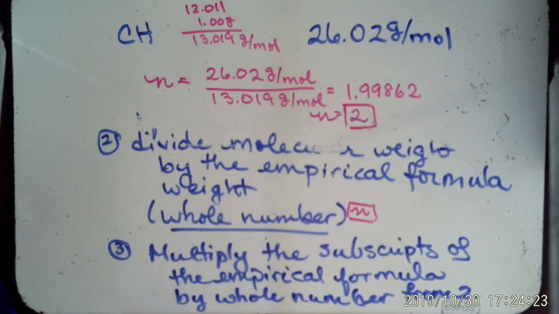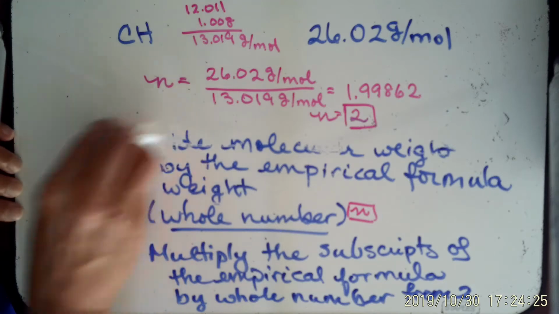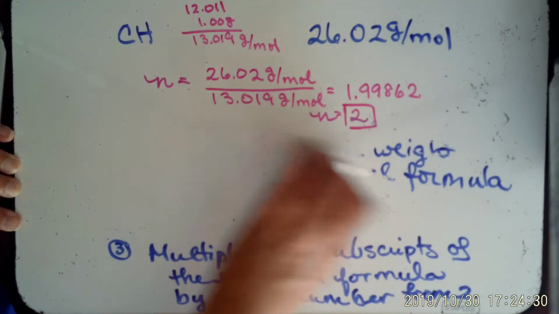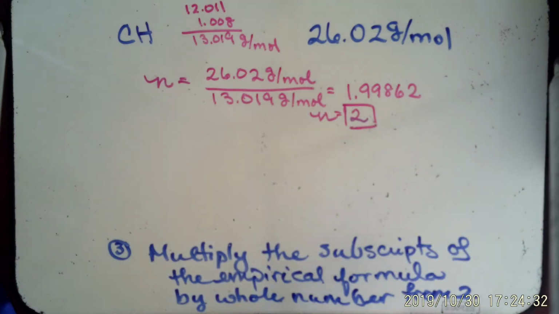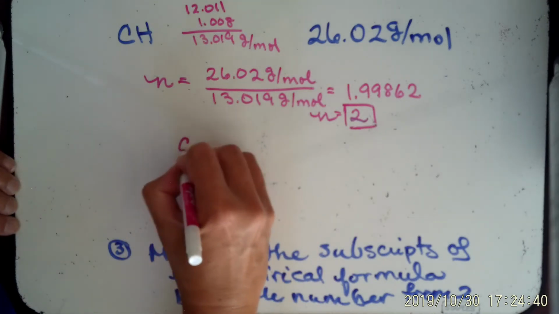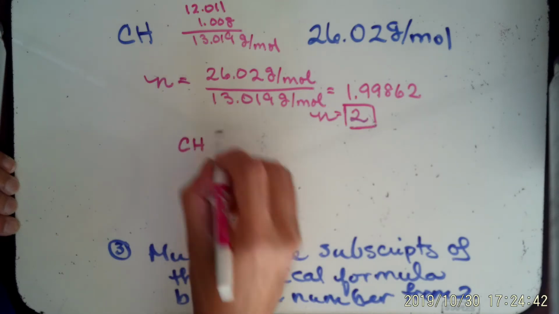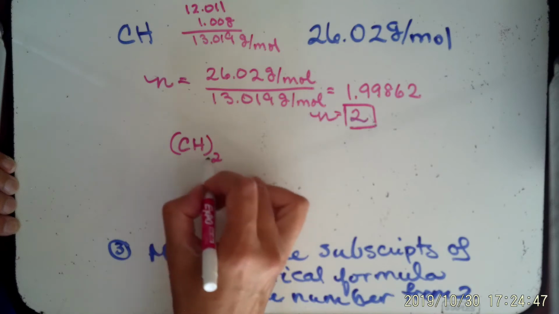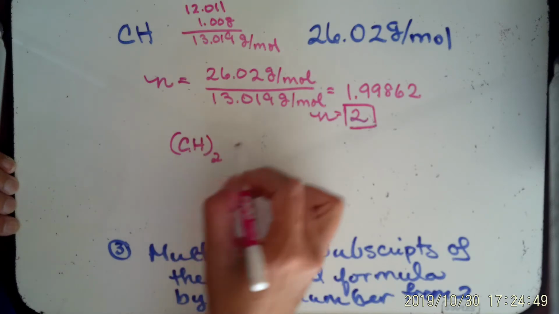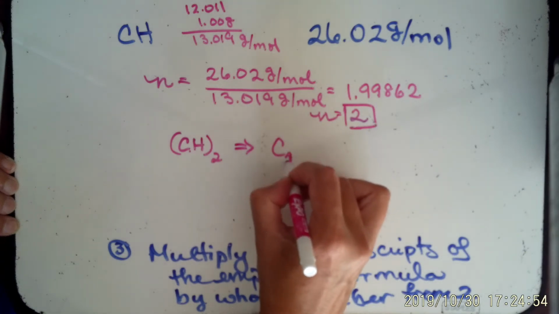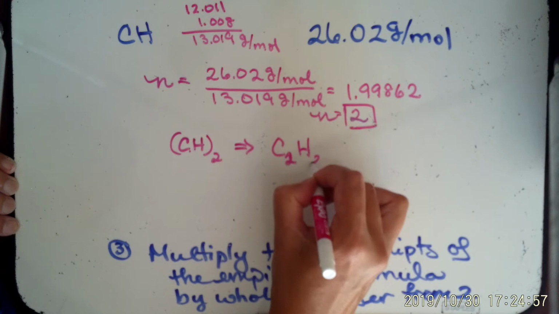So now that we have our whole number, we're going to multiply the subscripts of the empirical formula by the whole number. So if this is my empirical formula, and n is equal to 2, then you're going to multiply each subscript. So 2 times 1, 2 times 1, and what you're going to get is C2, excuse me, I can't multiply, H2.